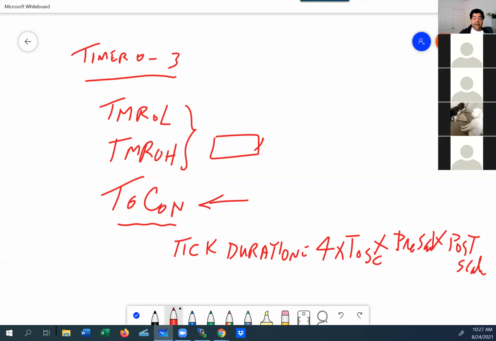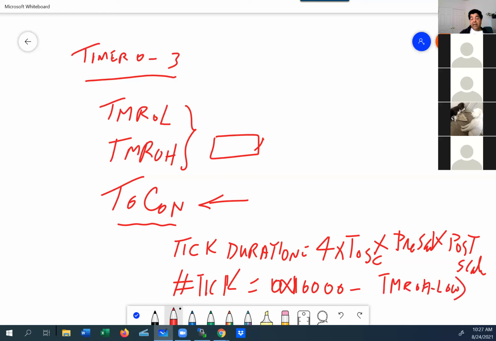And then for the number of ticks, if it's 16-bit, you take hex value 1 0 0 0 and subtract the value of timer 0 high low as 16-bit. That tells you how many ticks you need, and then you multiply those two, and it tells you the duration.